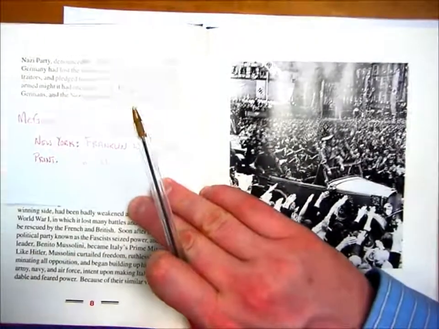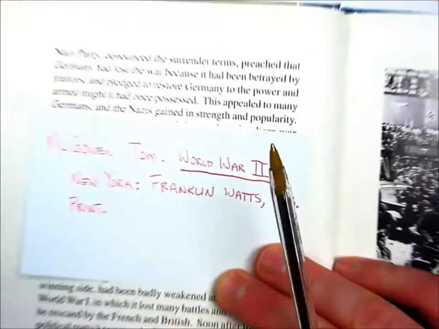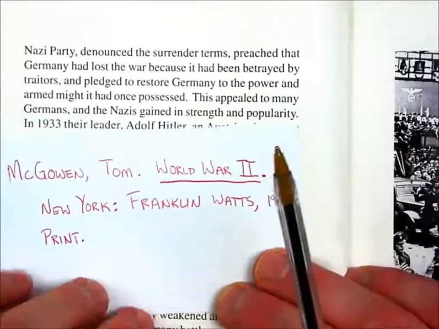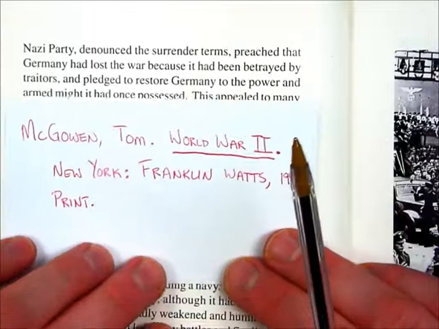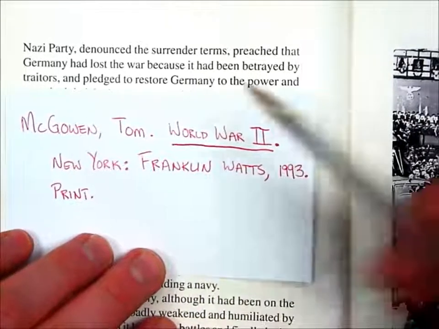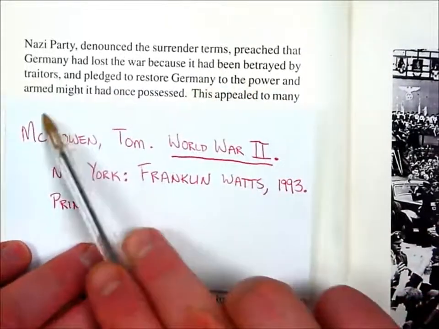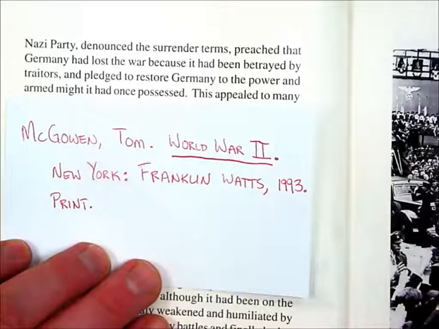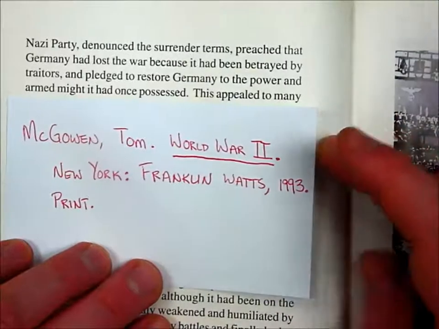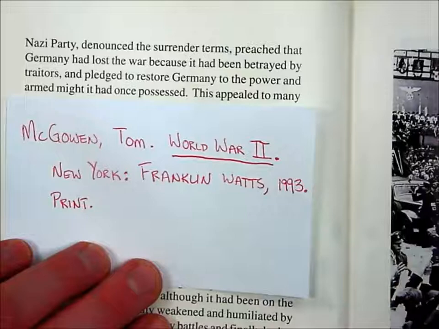So I'm going to zoom in on this to show you this. So I'm going to write in my paper that because the Germans pledged to restore Germany to the power and might it had once possessed after World War I, they promised the German people to bring Germany back into power.